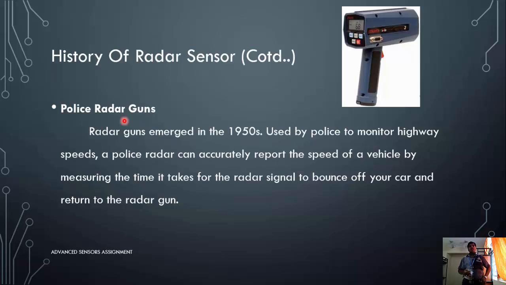Radar guns emerged in the 1950s, used by police to monitor highway speeds. A police radar can accurately report the speed of a vehicle by measuring the time it takes for the radar signal to bounce off your car and return to the radar gun. At a certain time, the radar signal touches the object, and through this time the speed is calculated.